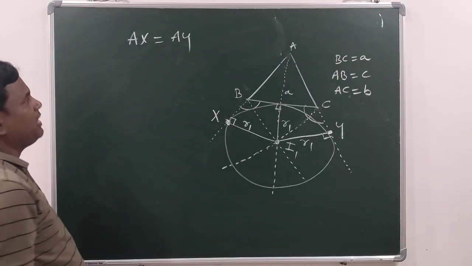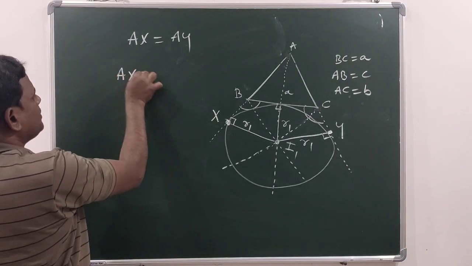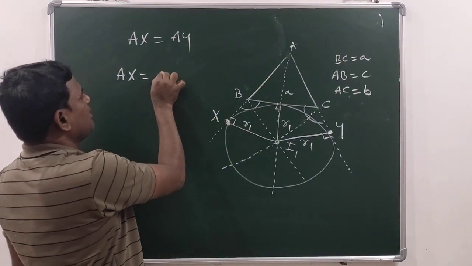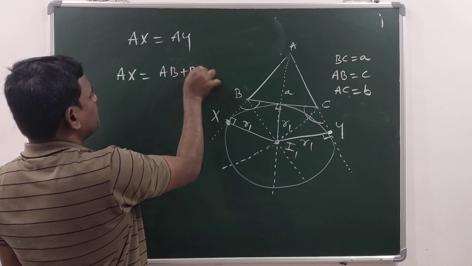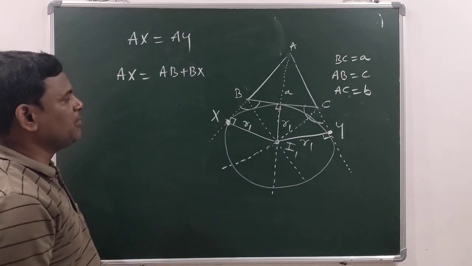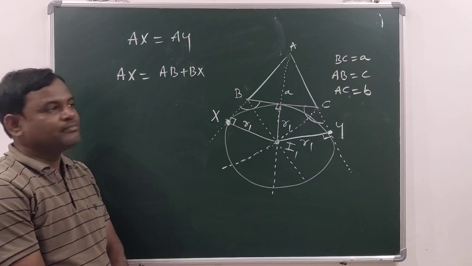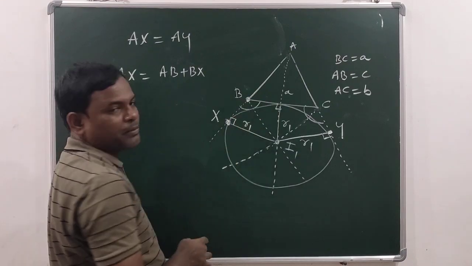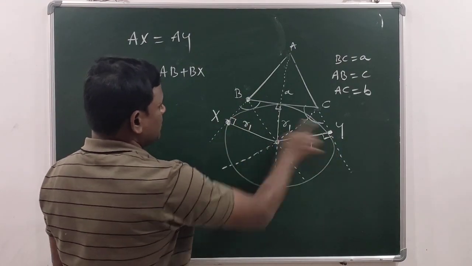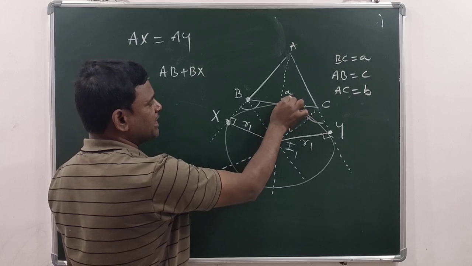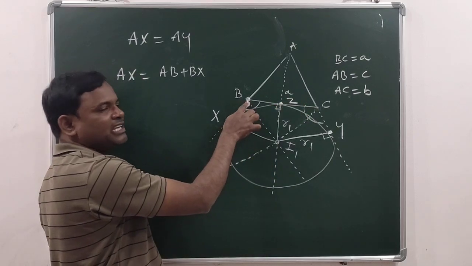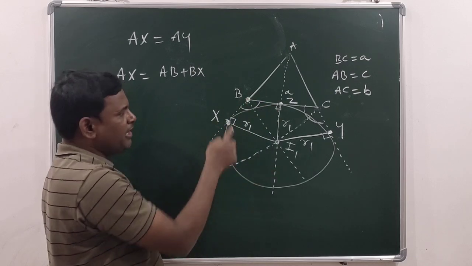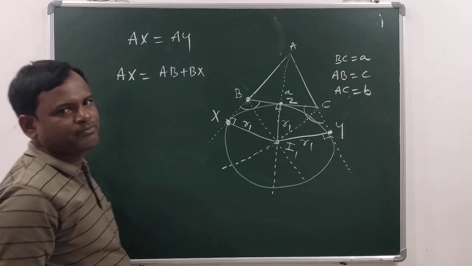See here, students. AX can be written as AB plus BX. But here B is also an exterior point. This is X, this is Y, and let this be Z. In this figure B is also an exterior point, so BX and BZ are two tangents, hence BX length will be equal to BZ.